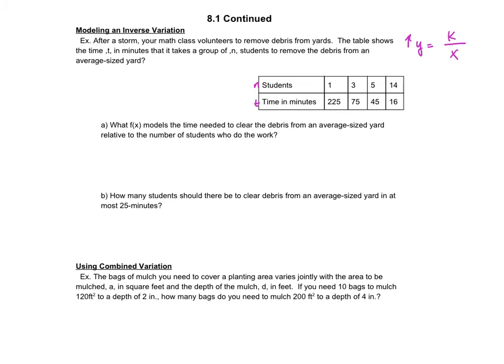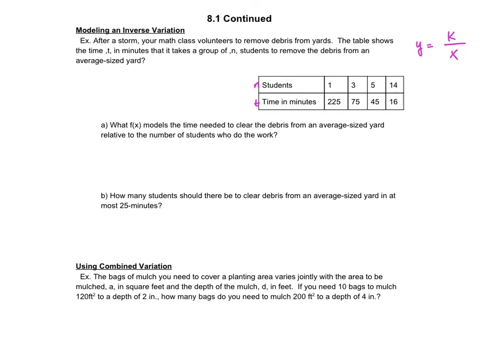So in this case, as n increases, my minutes will decrease. It makes sense that the more students I use, the faster it's going to get cleaned up, so we won't use as much time. Therefore, the fewer students that I use, of course, it's going to take a longer amount of time. So that's your inverse variation.